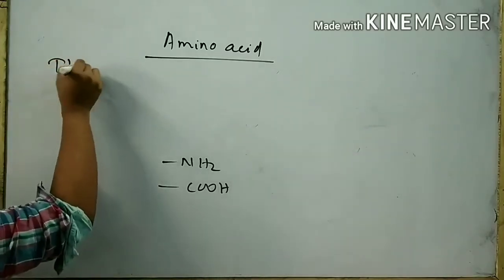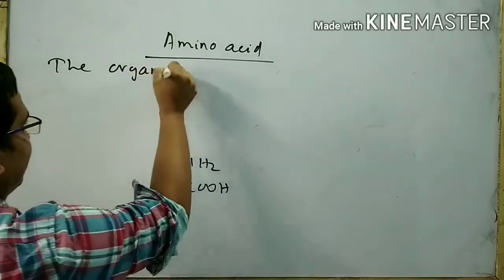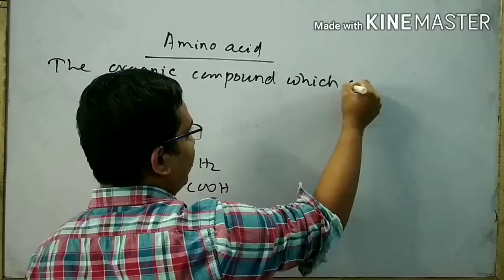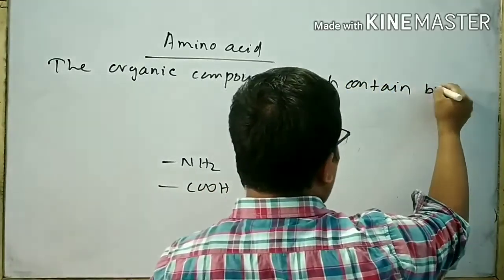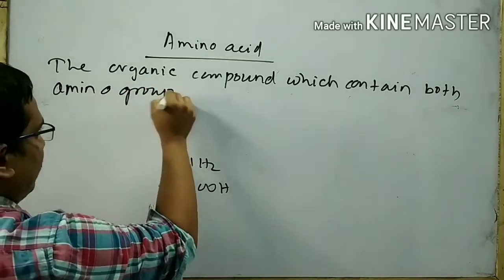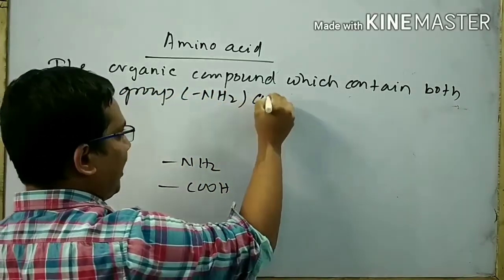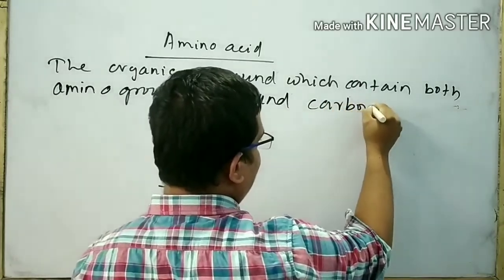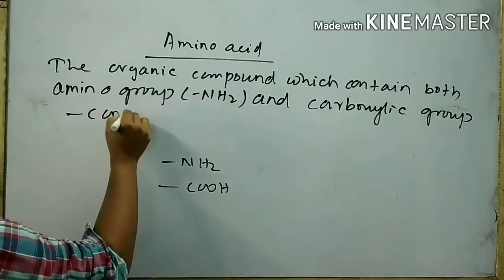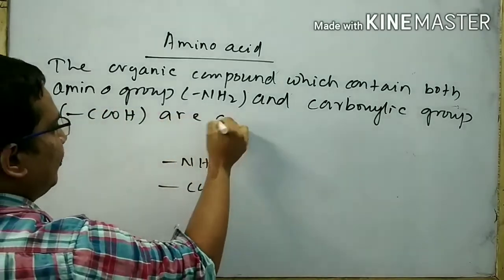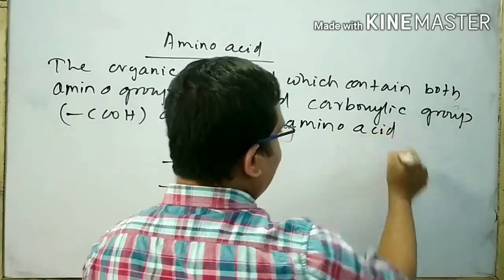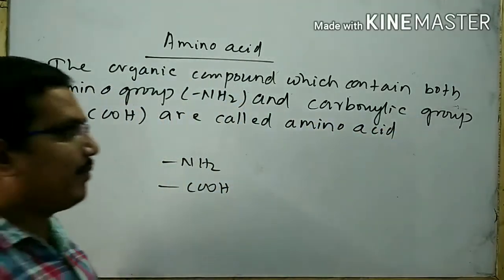So we can write: organic compounds which contain both the amino group, that is NH2, and the carboxylic group, that is COOH, are called amino acids. Amino acids can be classified in different ways.